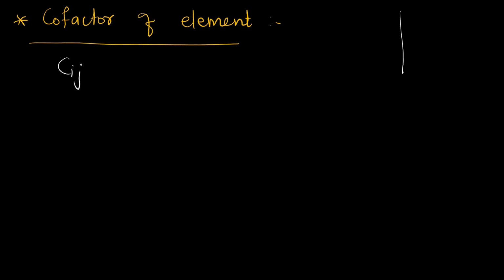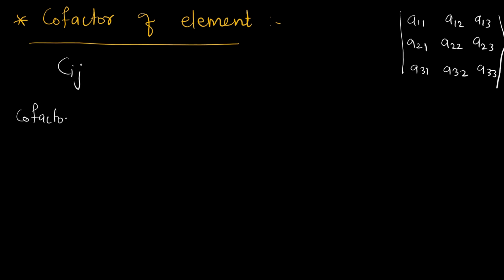Again, for a determinant a11, a12, a13, a21, a22, a23, a31, a32, a33, the cofactor of a11 is C11. There is a formula for that: Cij equals minus 1 raised to i plus j into the minor Mij.